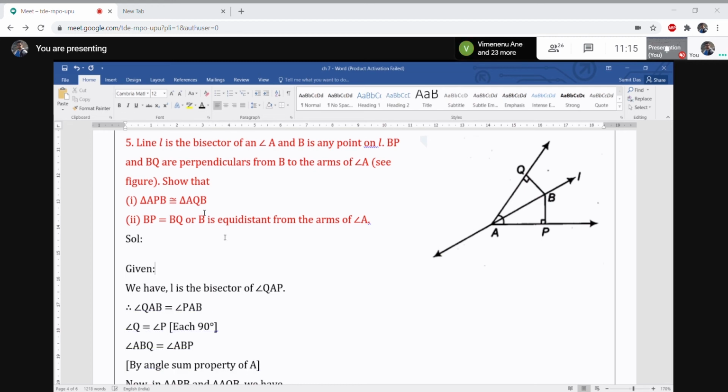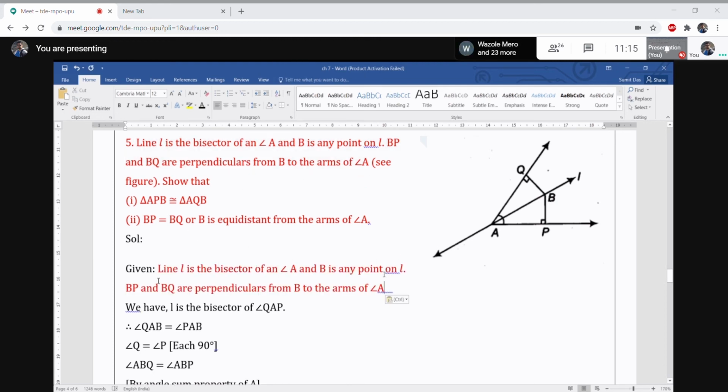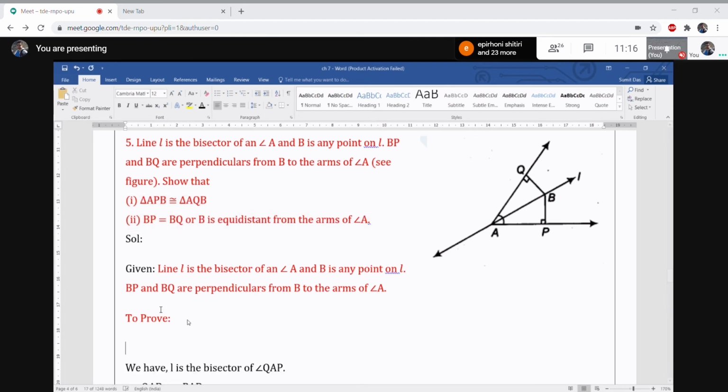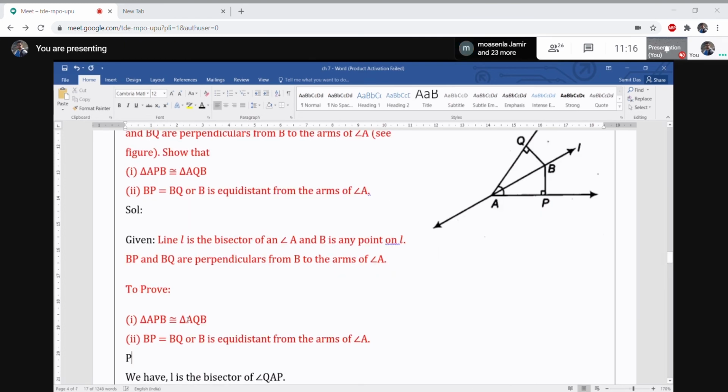Given. Then to prove, we have to prove these two things, and then the proof.